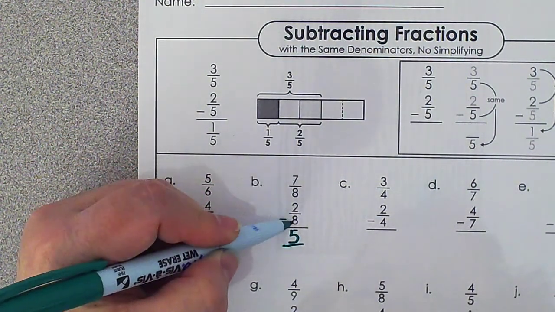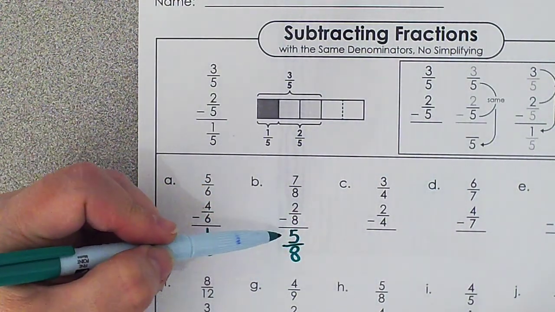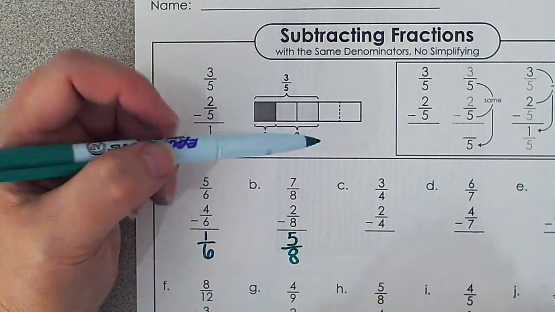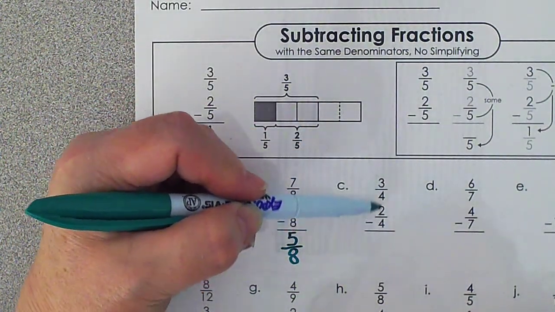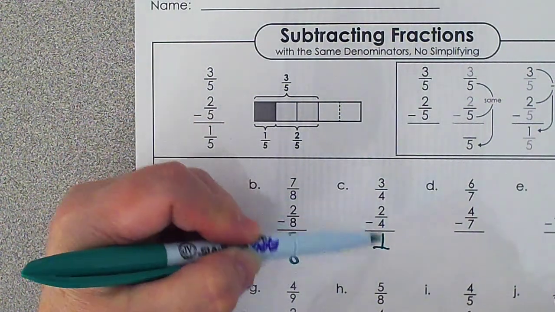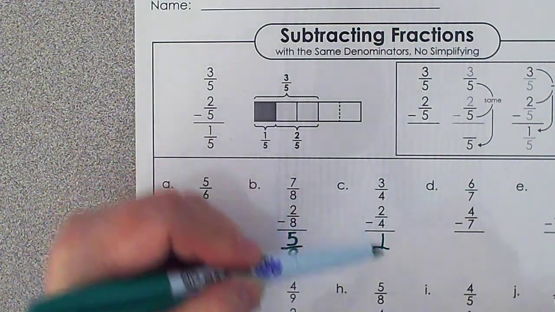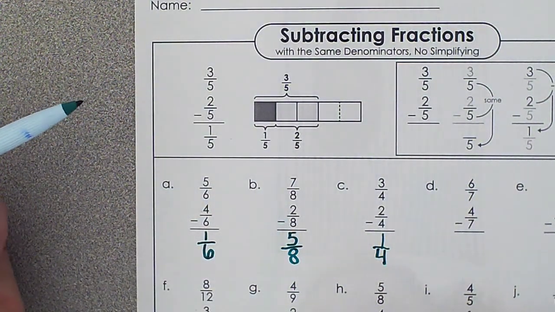My denominator stays the same as an 8, so my difference is 5/8. 3/4 minus 2/4. 3 minus 2 is 1. My denominator stays the same, so my difference is 1/4.